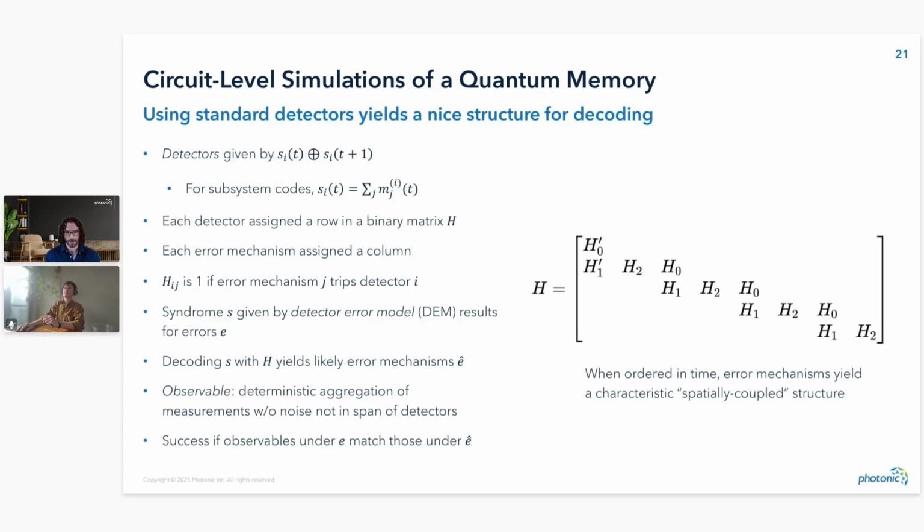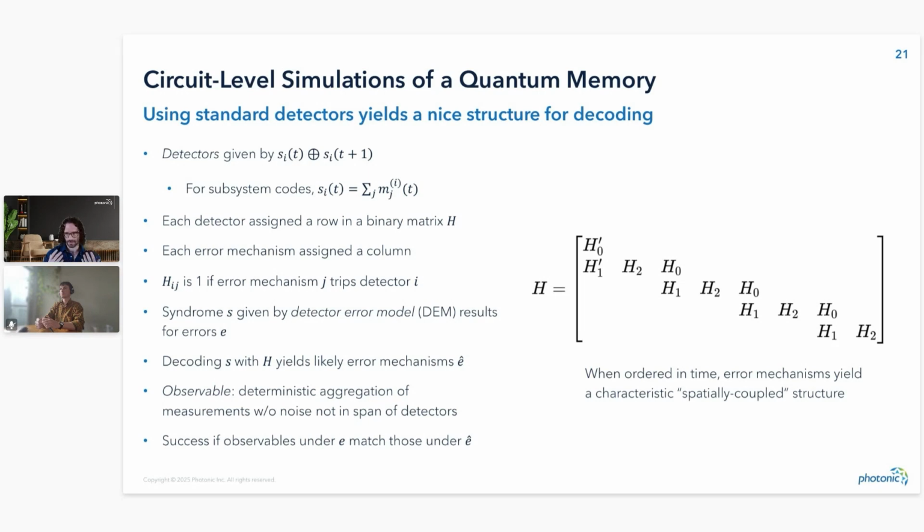But once you've defined all of your detectors in this way, you can start to create a giant binary matrix H, where you assign each row in this giant matrix a detector, and assign each column in this matrix an error mechanism, where an error mechanism here is something like, say, an X error appearing after some particular Hadamard gate in your circuit.